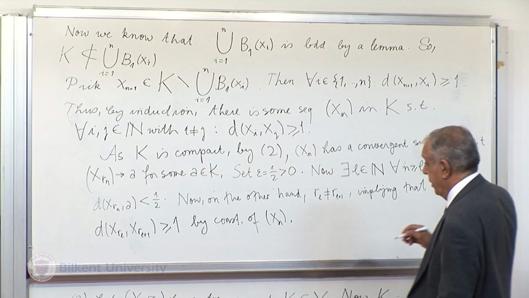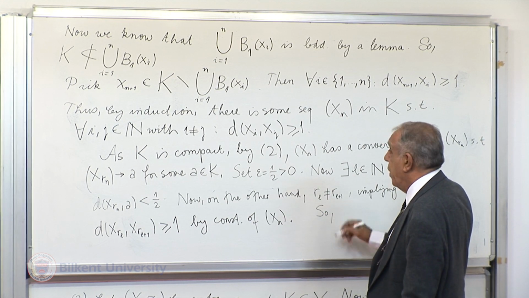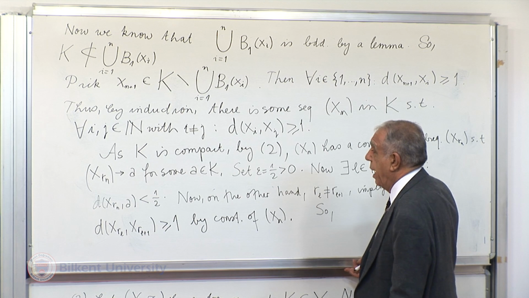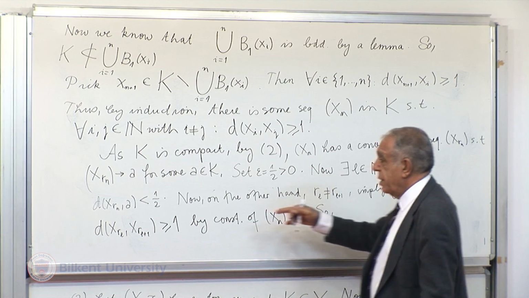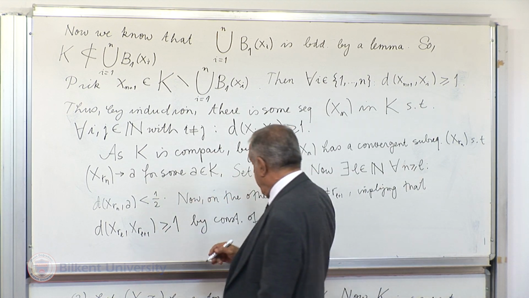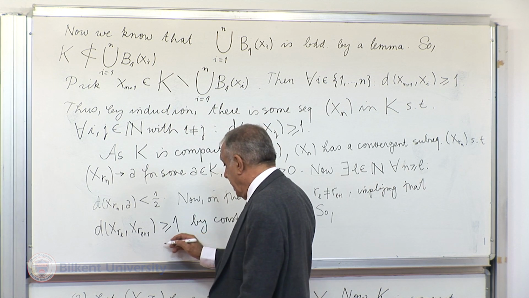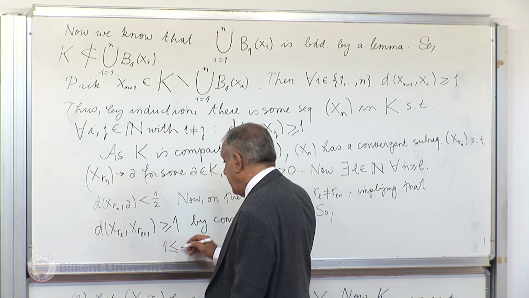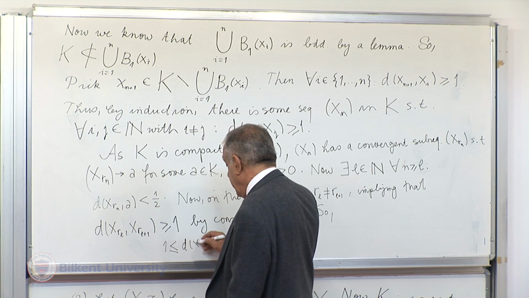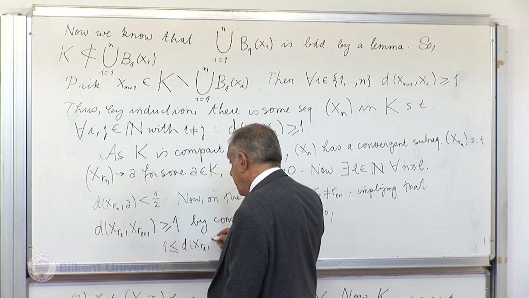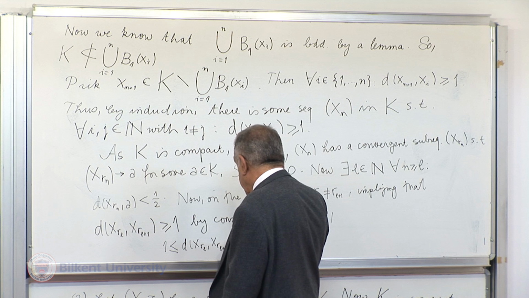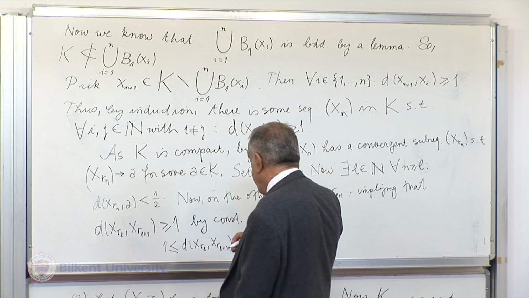But now, we can combine this convergence condition with this. We have the following. One is less than or equal to d(x sub R sub L, x sub R sub L plus 1) on the one hand.